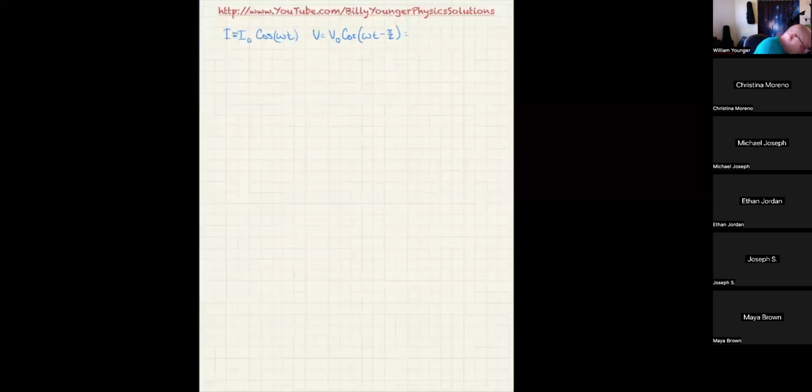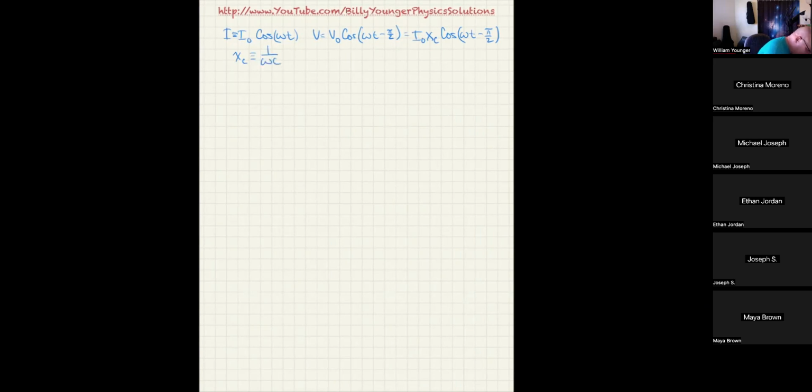Okay. Now this time we're going to say it's I0 times X sub C, which is times cosine omega t minus pi over 2. And X sub C will be defined as 1 over omega C.